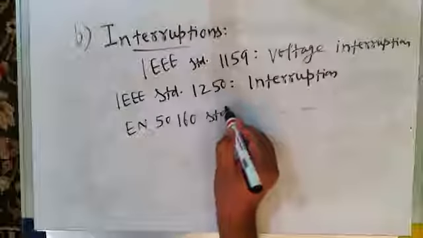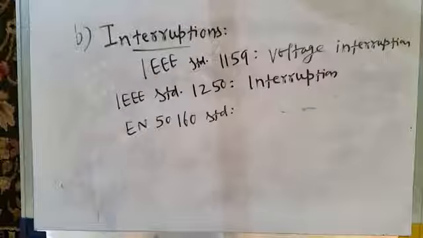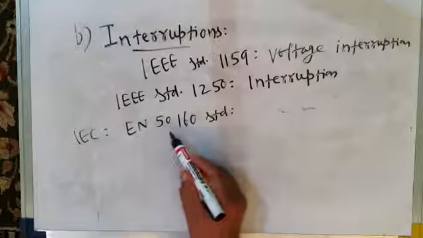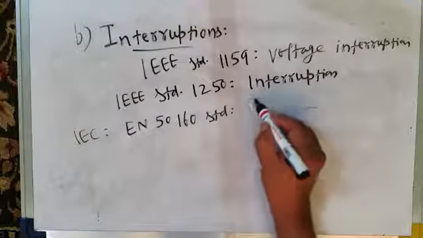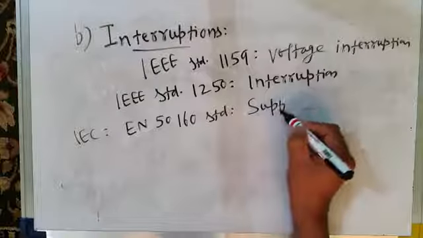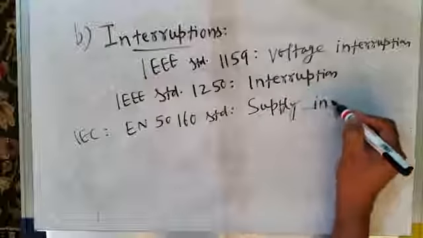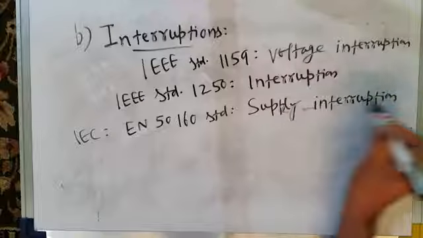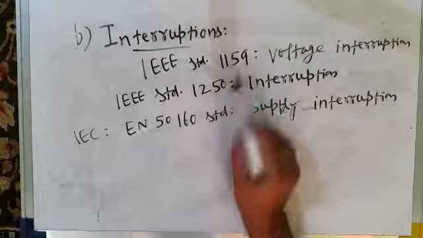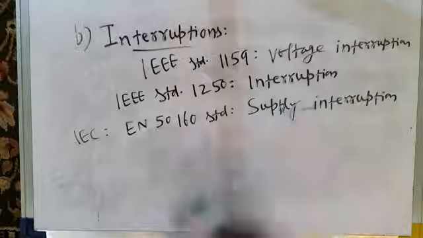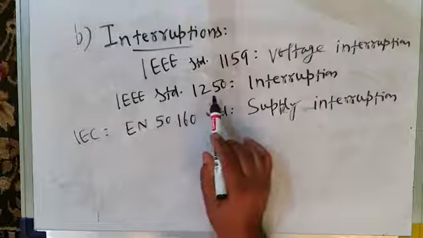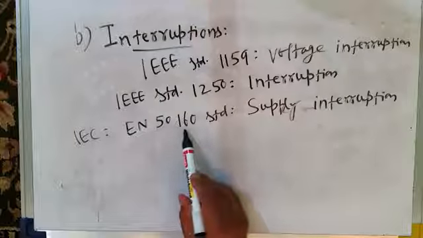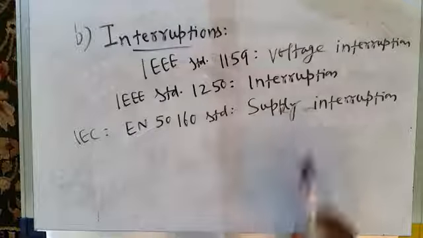It's not an IEEE standard, it's an IEC standard. According to IEC standard EN 50160, they call it supply interruption. So these are different names given by different standards to interruptions. IEEE standard 1159 calls it voltage interruption, IEEE standard 1250 calls it interruption, and IEC standard EN 50160 calls it supply interruption.